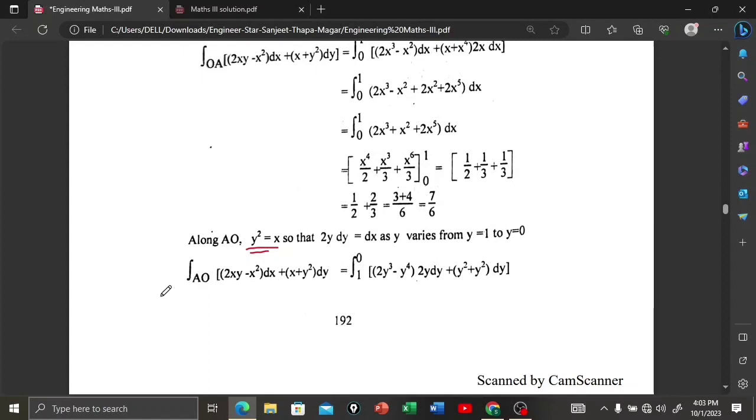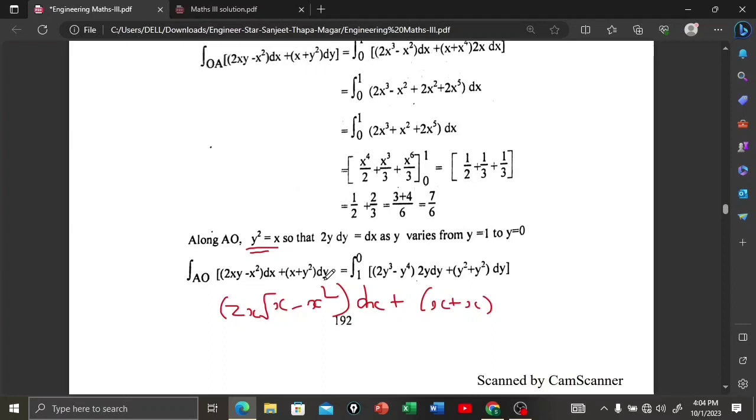If we convert x to y square, it will be easier because it will have the power term. But if we convert everything into x terms, then it is 2x times y, written as root x, minus x square, and the x plus y square is x.